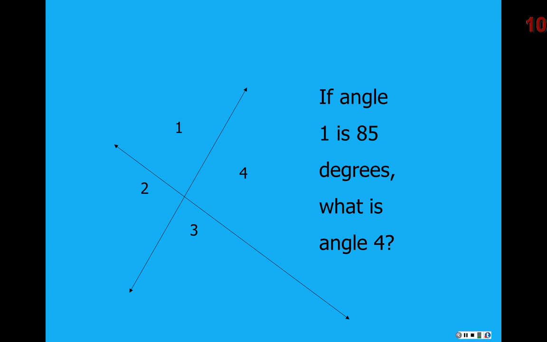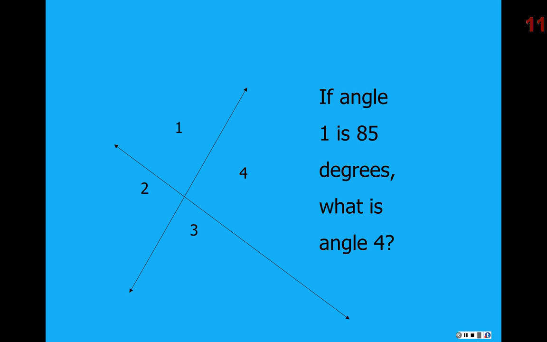Okay, now let's see if you guys remember some of this stuff. We're going to do a little testing here. If angle 1 is 85 degrees, what is angle 4? What's the relationship between angle 1 and angle 4? 55?